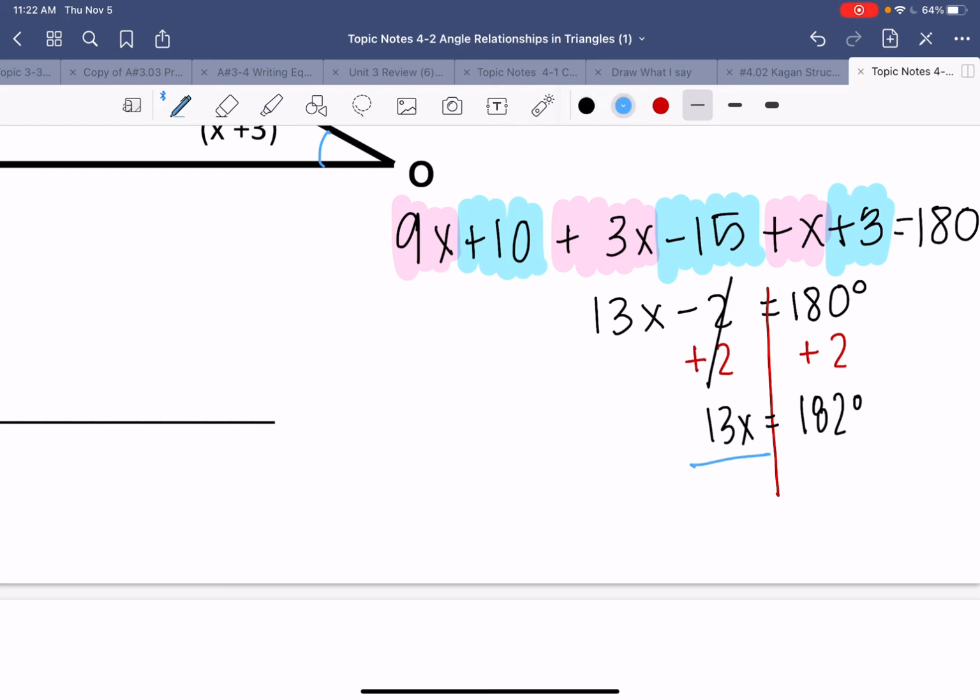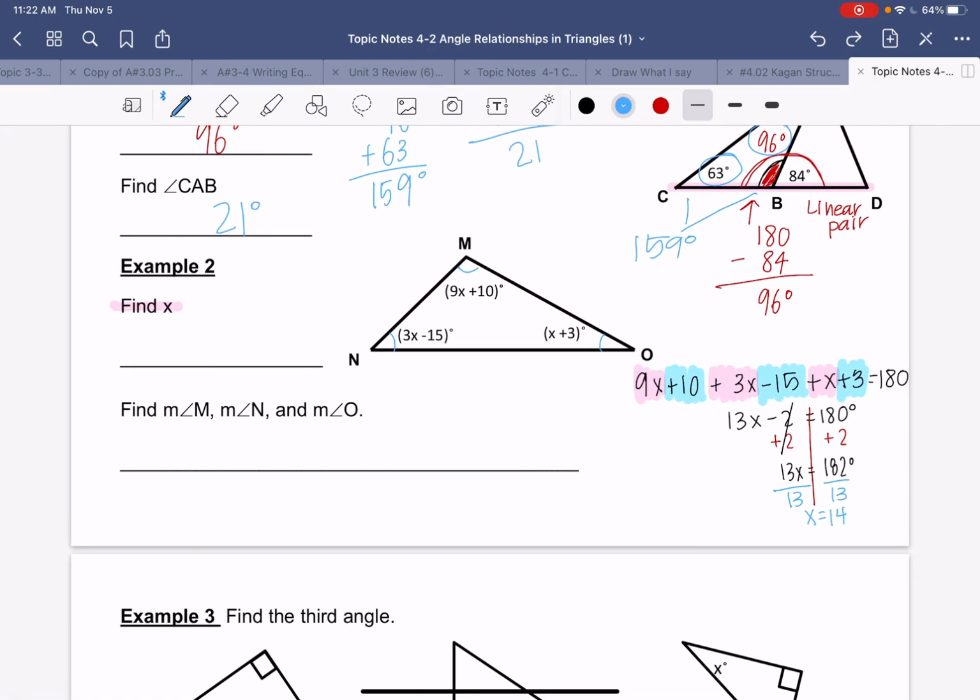Then I need to divide by 13. x should equal 14, not degrees. Okay, so x is 14. To find angle M, N, and O, all you do is plug it back in. Angle M is 9 times 14 plus 10. I believe that is 136.